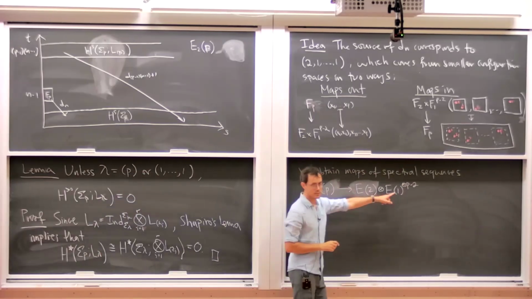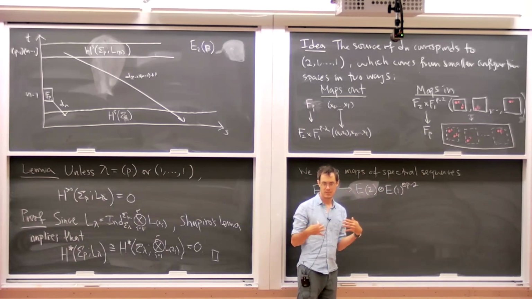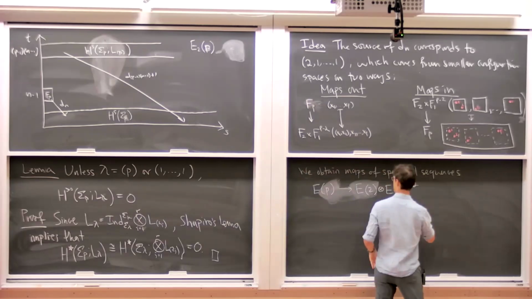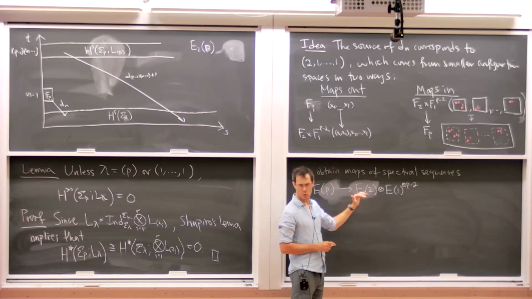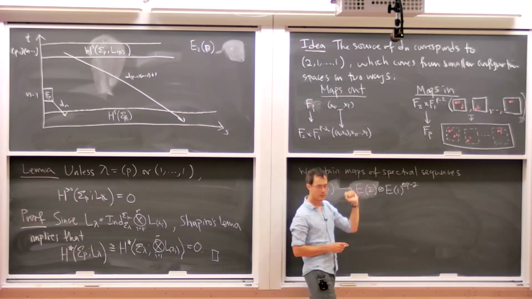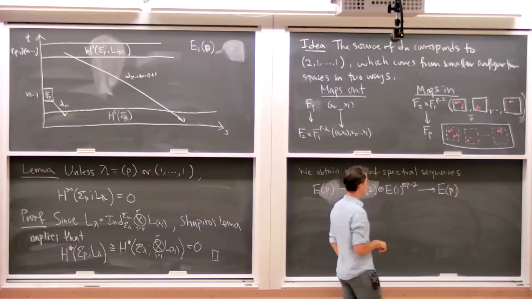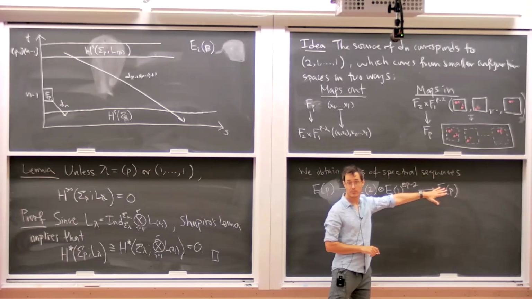These spectral sequences, there's nothing happening, right? We already said the first interesting case is p particles, so there are no differentials here. And this map is induced by, because we're in cohomology, the map in. And the map out gives us a map of spectral sequences back to the thing we started with.